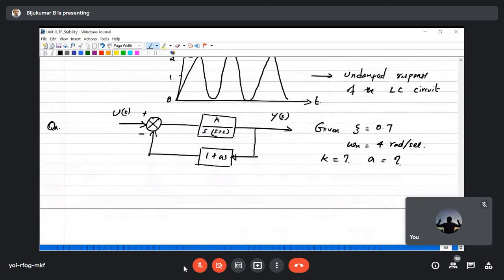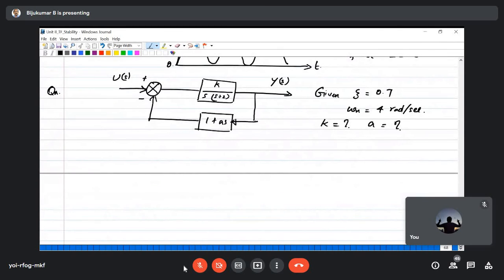Zeta is given, omega n is given. Find the value of constants K and A. Do it and tell me. First of all, convert this block diagram to a single transfer function and compare with the standard second order system. And the zeta is 0.7, so that means the given system is an underdamped system. Okay, can you do it?